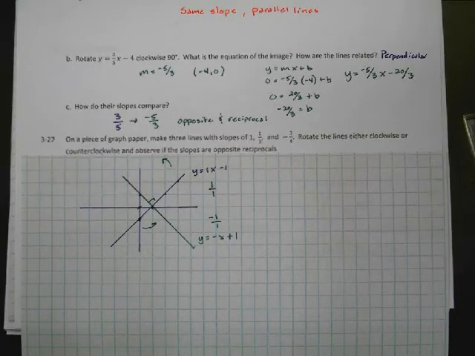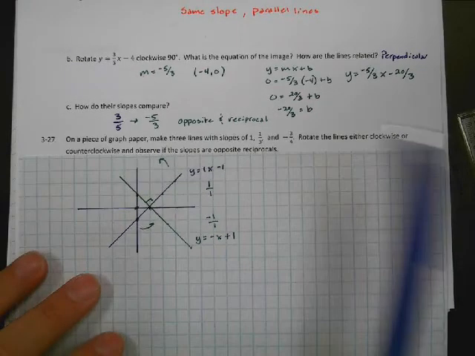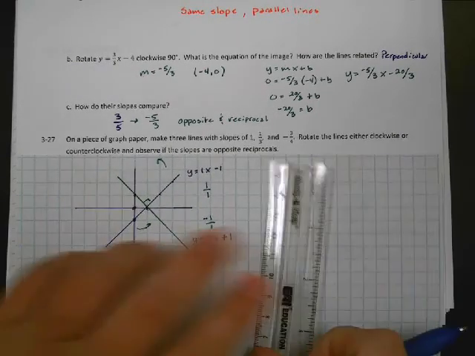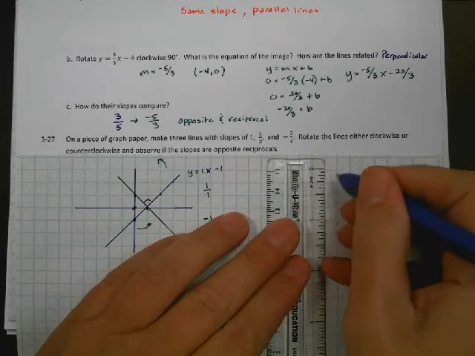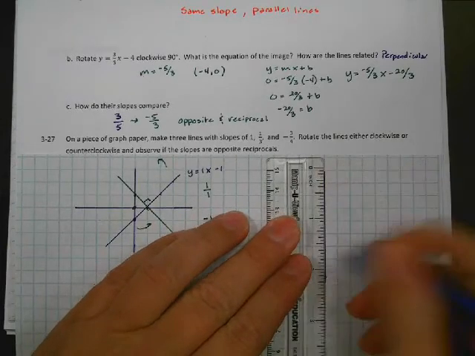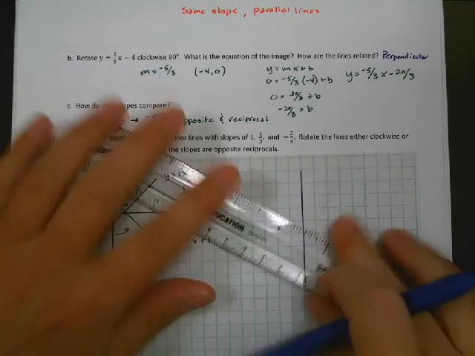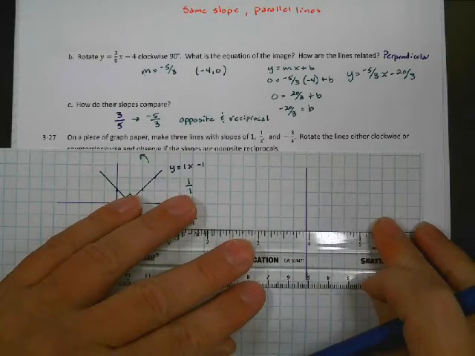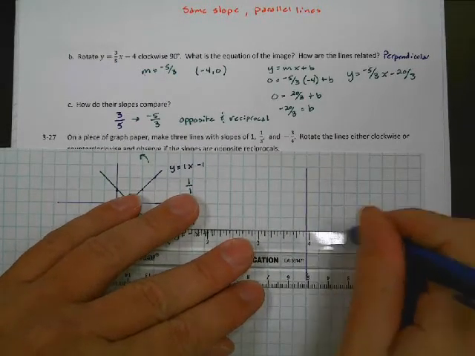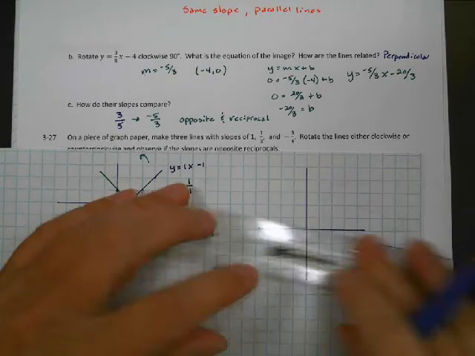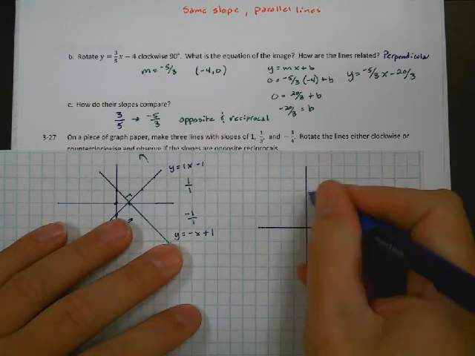All right, let's do one more. Let's do this -3/4. All right, so we're just going to make another graph, and we're going to make this one have a slope of -3/4. So I'm going to start here.